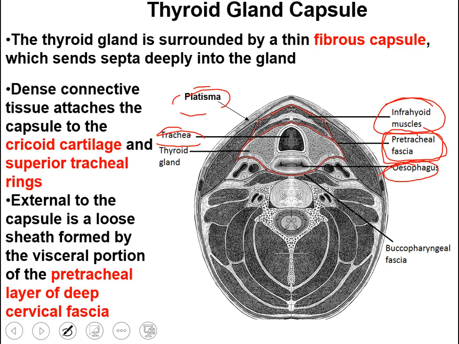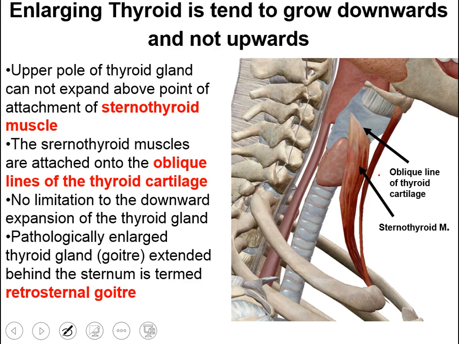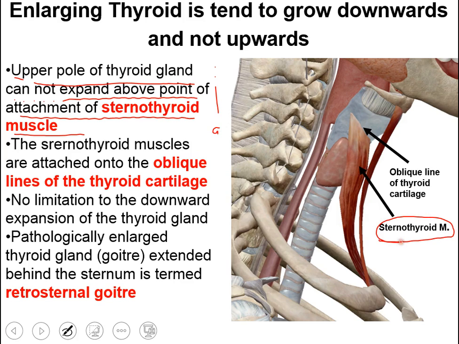Now we need to understand a very important clinical concept. Please remember that upper pole of thyroid gland cannot expand above point of attachment of sternothyroid muscle. You should be aware that sternothyroid muscles are attached onto the oblique lines of the thyroid cartilage.